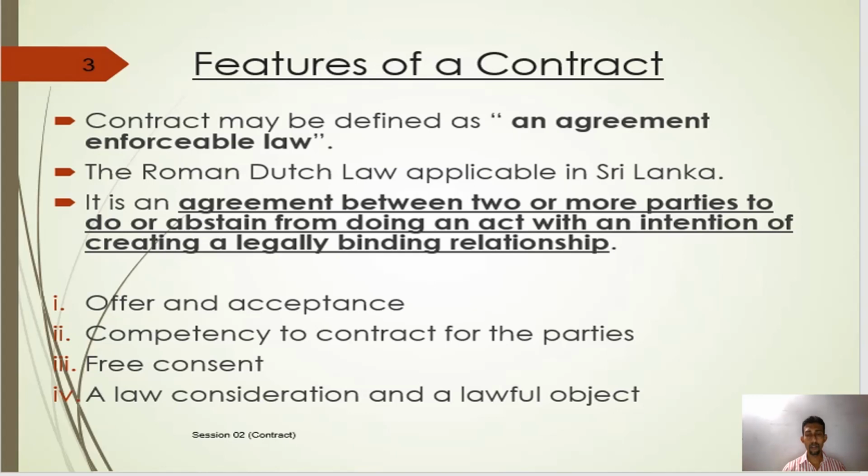So therefore, to fulfill a contract, we are talking about some key features. The first one, offer and acceptance, competency to contract for the parties, the free consent, a lawful consideration, and a lawful subject. So what are these things?